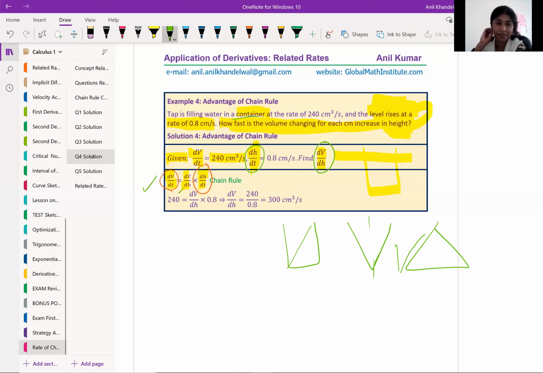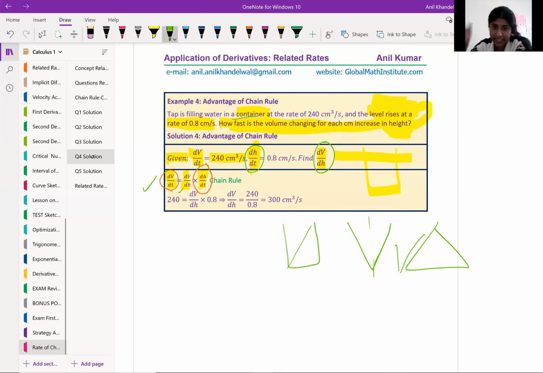I would actually start off by just defining the variables. I read it, and like I said before, when we see centimeter cubed over second, we know volume is involved, and per second means it's over time. So dV/dt equals 240. Then it says the level rises at the rate of 0.8 centimeter per second.